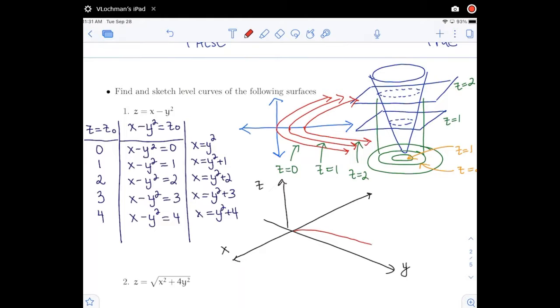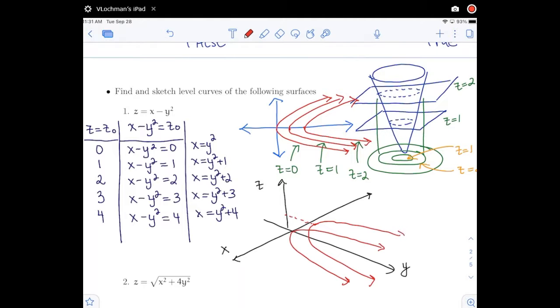So my first parabola, for z is equal to 0, just sits in the xy plane, right? But my second parabola is not only shifted 1 unit along the y-axis, but it's also 1 unit up. So it sits right here.